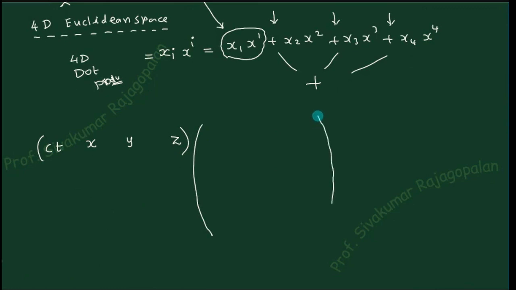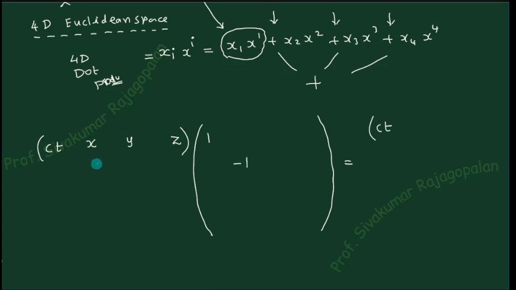That something is that let us multiply by 1 here. If I multiply by 1, ct into 1 is how much? ct into 1 will give you ct. Therefore, I have the positive value. This is clear, right? Then what should be your second value? I want a negative value for the second element. I want a negative value for the third and fourth. Therefore, what you do is you put a minus 1 here.